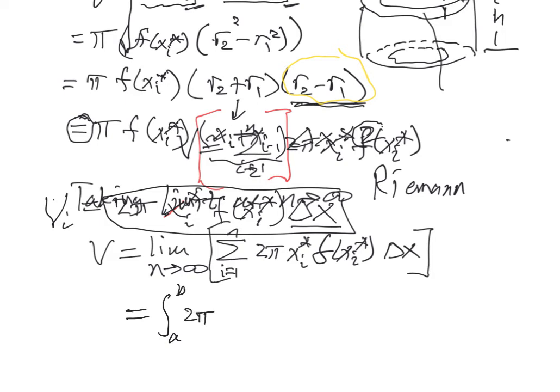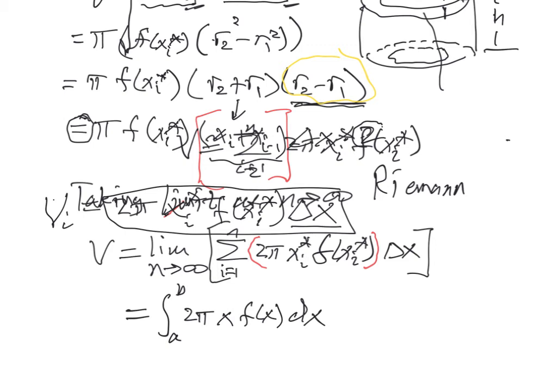So the function that we integrate is, remember, whatever shows up between the sigma and the delta once we have a Riemann sum. So 2 pi xi star f of x. Take the limit, the stars go away: 2 pi x f of x dx.